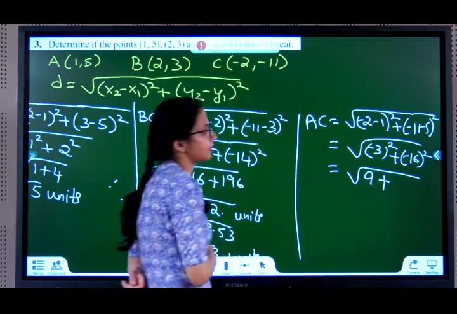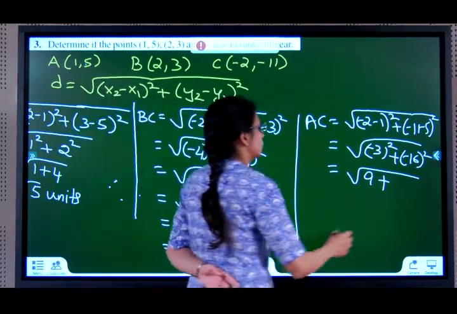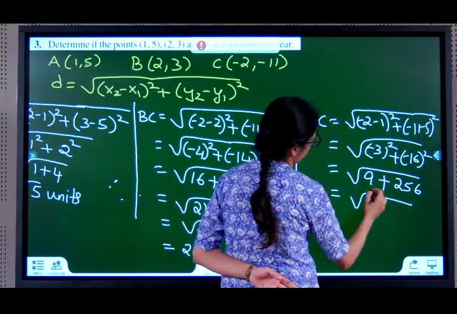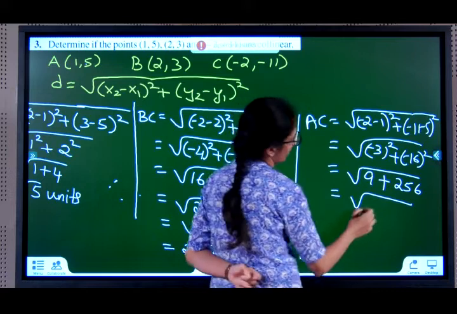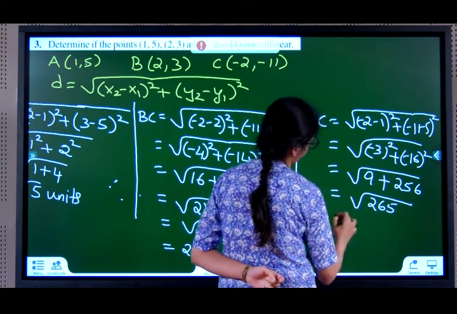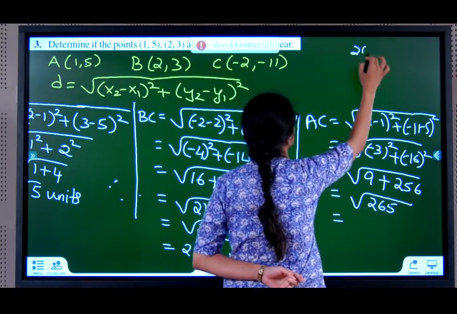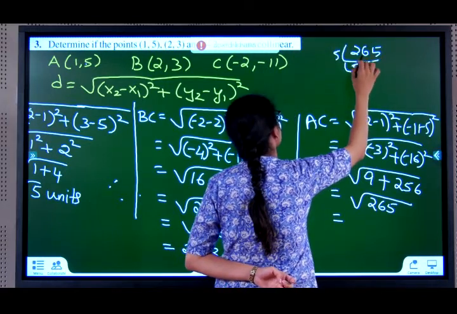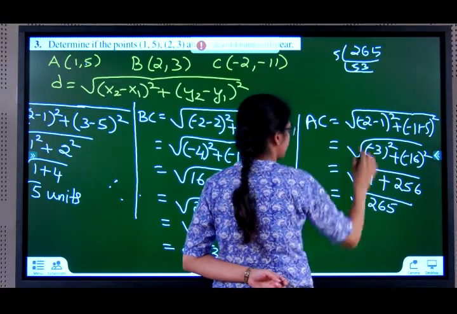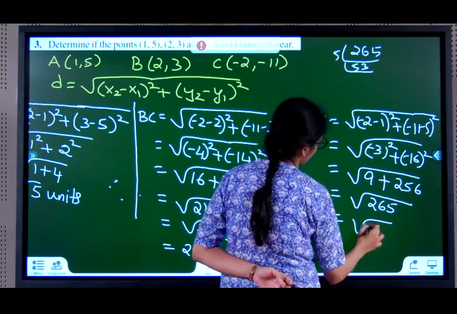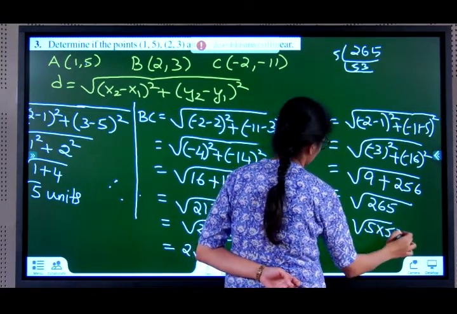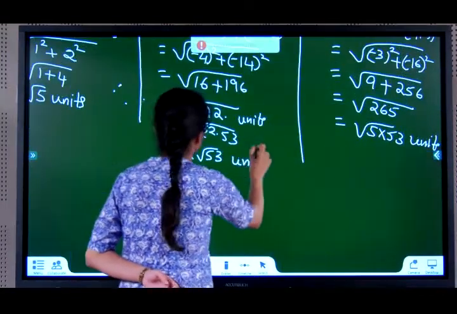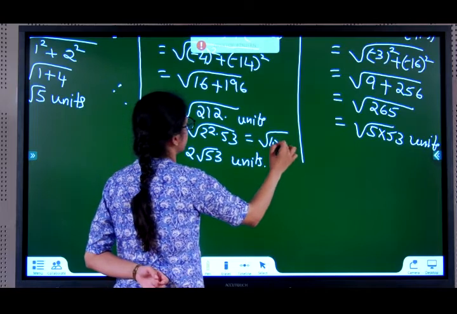What is 16 square? 256. So 9 plus 256, 265. Try to simplify 265. 5 5s are 25, 5 3s are 15, root of 5 into 53. Can't simplify further.